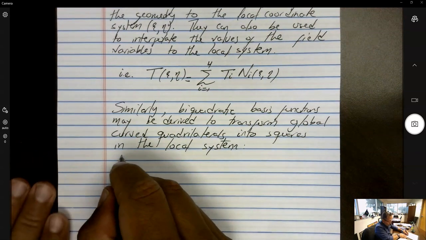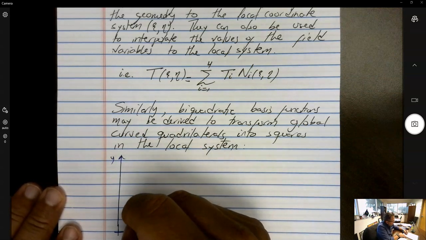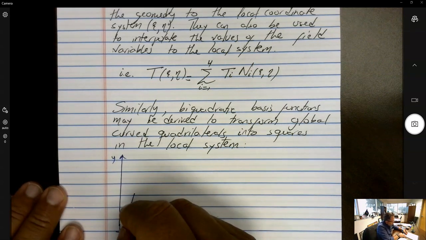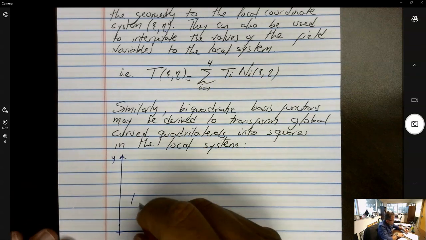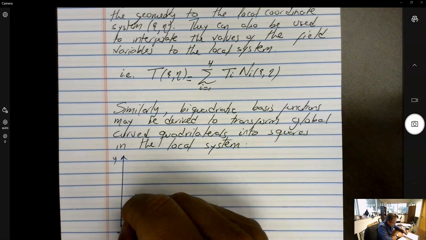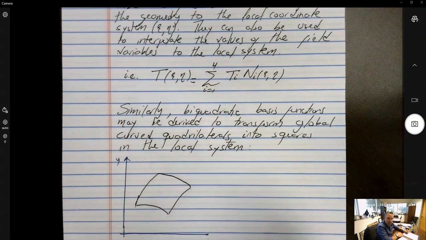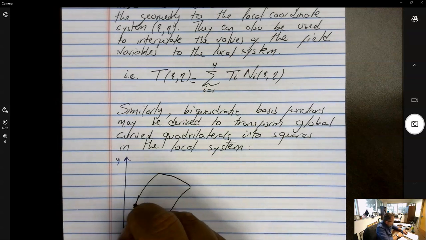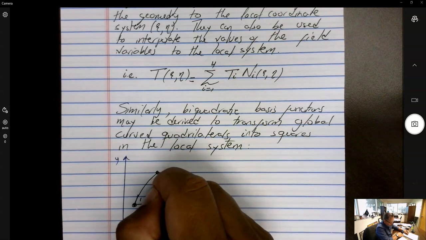So, for example, if we have x and y, and let's say that we have an element that looks like this. So we have an element that happens to be curved like that, and this is node 1, node 2, node 3, node 4.